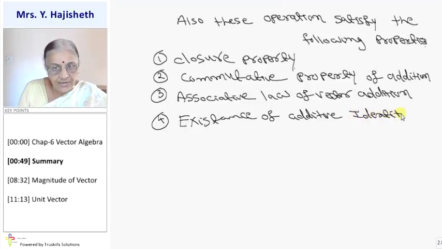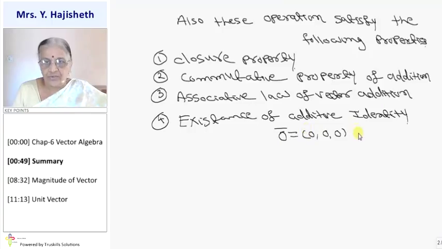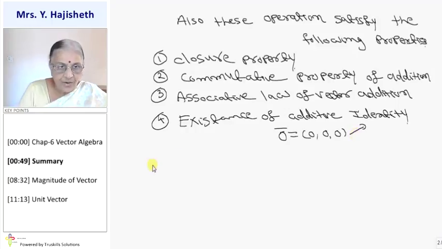What is additive identity? Null vector (0, 0, 0) in R cube and null vector ordered pair (0, 0) in R square. This is called additive identity. Now we have learned in 11th science existence of additive inverse. याद आ रहा है सब?